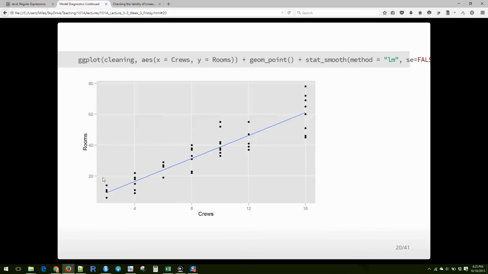Meaning when you have a small number of cleaning crews, you might not be able to clean that many, but the number of rooms you clean is going to be within a tight range. You're not going to be varying from 0 to 50 rooms. It's going to be something between 10 and 18 rooms or something like that.